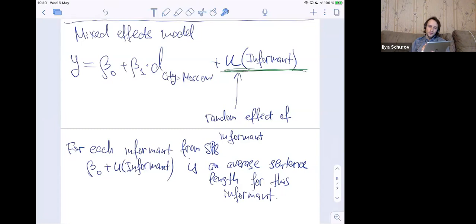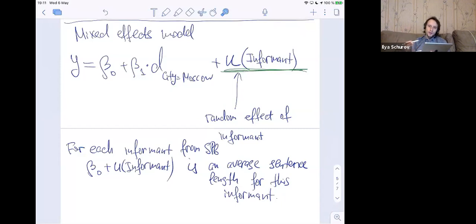In this case, I have a very simple model because I have only one variable here, and this variable is a dummy variable. In more complex models, I can consider different variables. For example, I can add age or gender or something else, like education, or the number of books that this particular person read, and so on. So I can create a more complex model.